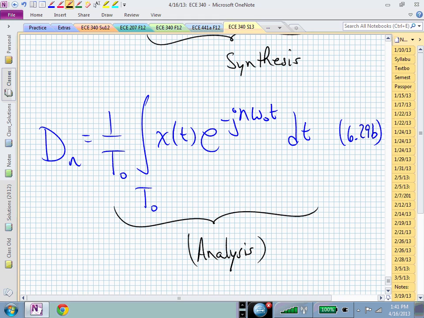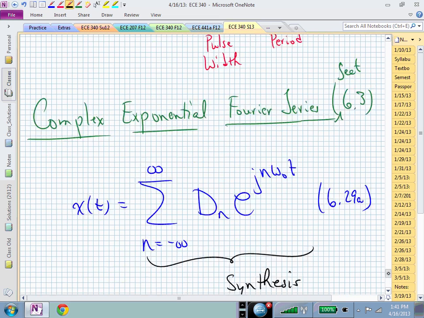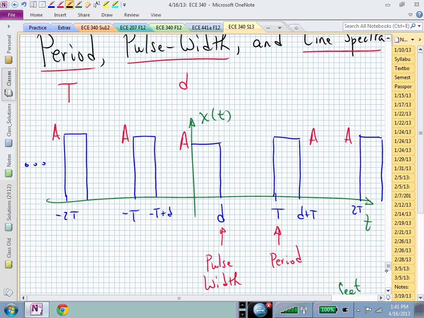What I want you to do between now and Thursday is compute these capital D sub n's for this waveform. You're going to have a decent, well, do you know, before you even compute, do you have a capital D sub 0? What is D sub 0? D sub 0 is the average value, isn't it? So now you could get that graphically without going through all of that, right?